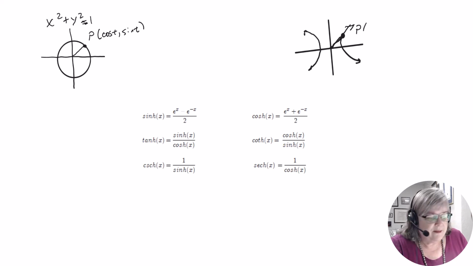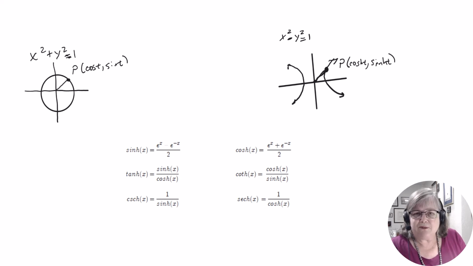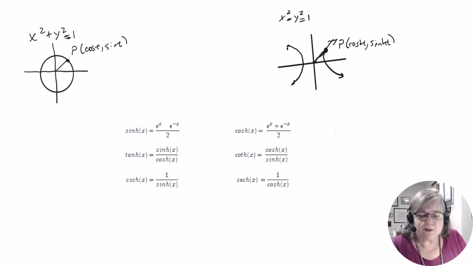Let's call it P, and it would be the hyperbolic cosine and the hyperbolic sine. All right, and it is based on x squared minus y squared equals 1. So do you see already there are some similarities in the formula and how we're going to plot this through?